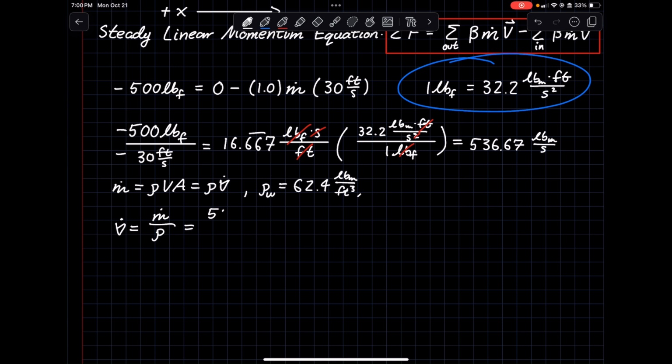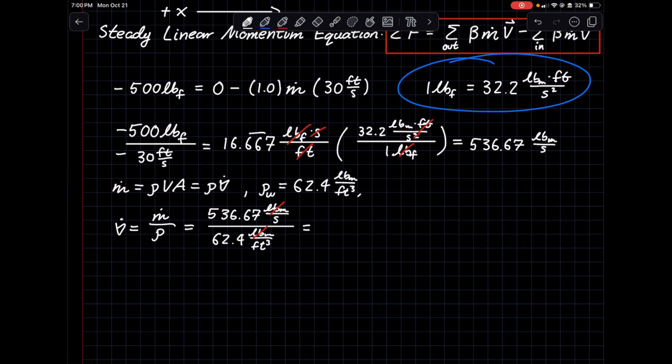So 536.67 pound mass per second divided by 62.4 pound mass per cubic foot. Check our units. Pound mass is canceled. This cubic foot will flip to the numerator. So our answer will be in cubic feet per second, which is exactly what we want.